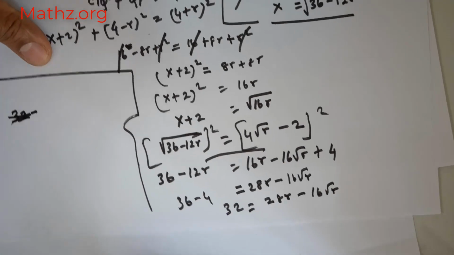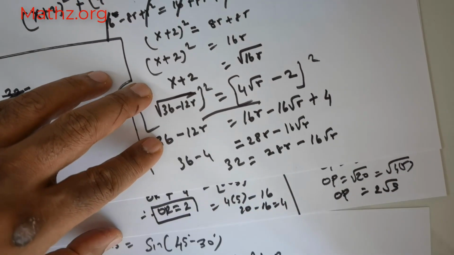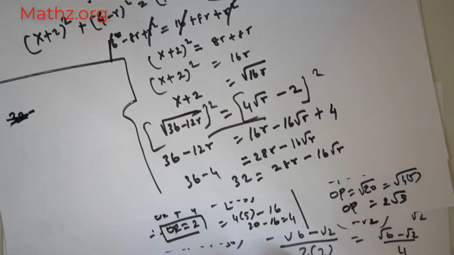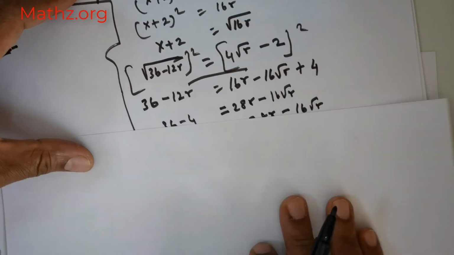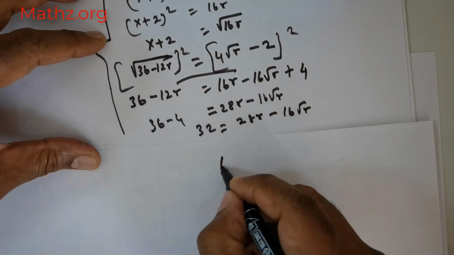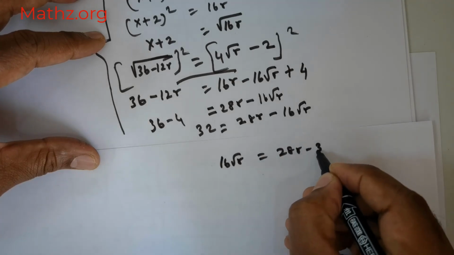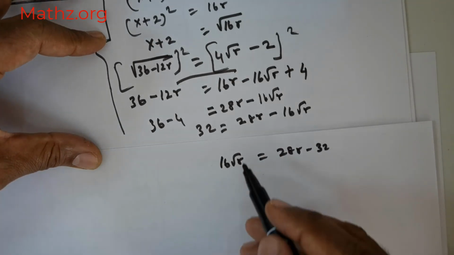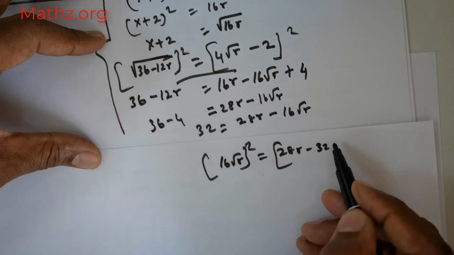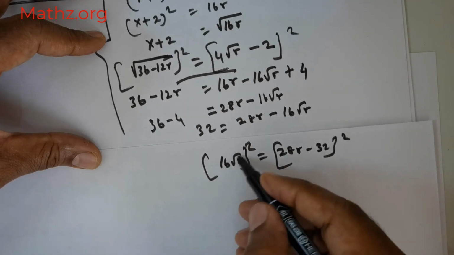Okay, so let me use this part of the page. So what I'm going to do, I'm going to move this guy 16 root of r to this end, and I will keep 28r - 32 like this. Now I square both sides. I don't want this root of r.